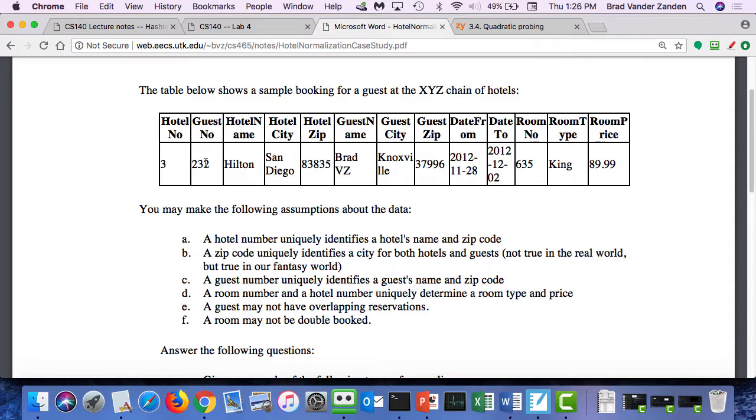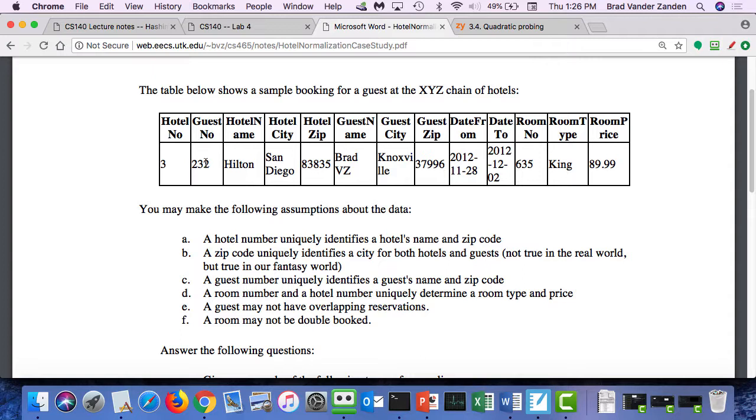But if you make the primary key be the hotel number, the room number, and the date from, now guest becomes an insert anomaly, because now you can't insert a guest into the relation unless the guest has a booking.